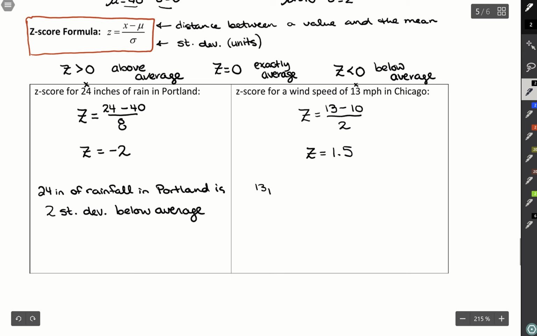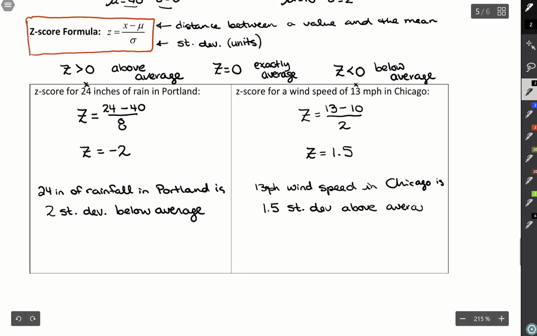So that 13 mile per hour winds in Chicago is above average by 1.5 standard deviations.